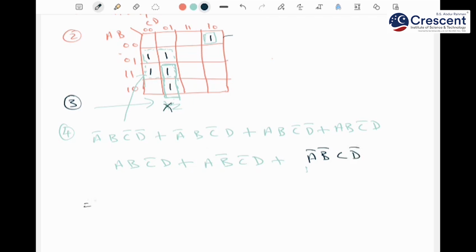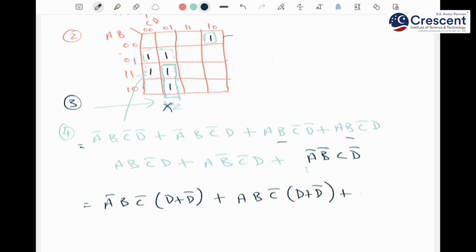Now you will try to simplify these equations. Taking the common terms outside, we can write A bar, B, C bar into D plus D bar. Similarly, for these two terms you can write AB, C bar into D plus D bar.